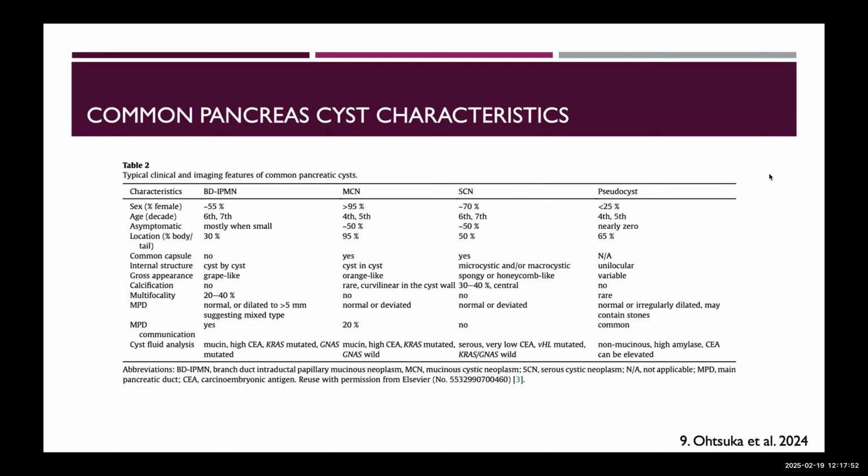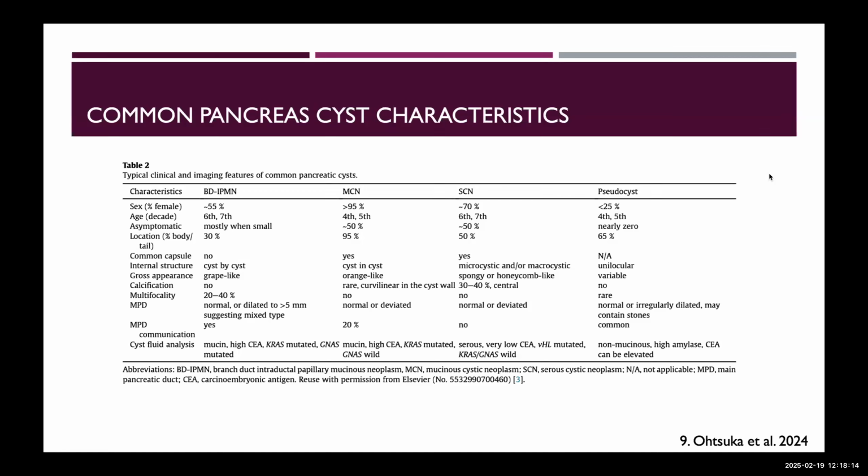When you look at the last row, there's a row about cyst fluid analysis, and this is sort of important in my world, but this helps us to more confidently delineate what the origin of the cyst is, and as a result, what their malignant potential is and how we should survey these cysts moving forward.